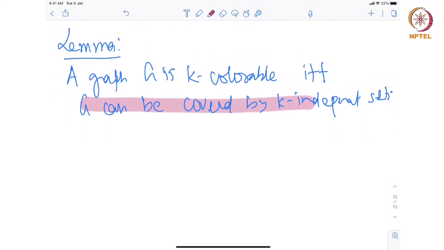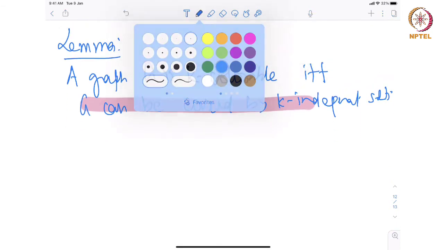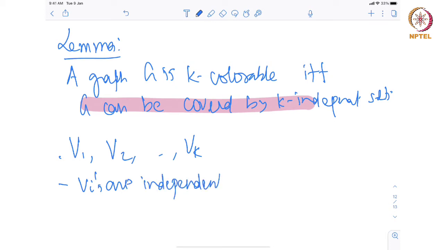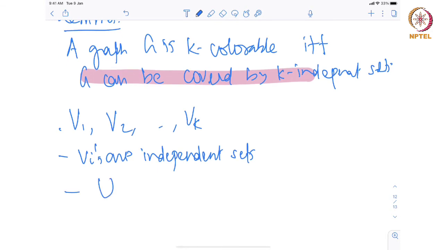So basically, what I'm saying is a graph G is k colorable if and only if I can find V1, V2, up to Vk, where the Vi's are independent sets, and the union of Vi, i going from 1 to k, is equal to V of G. I am not claiming that they should form a partition.